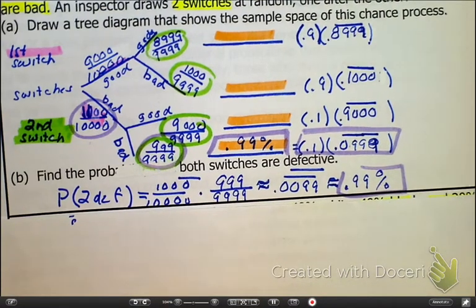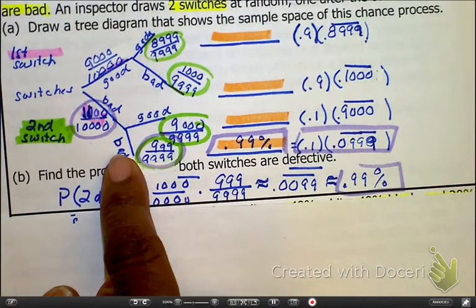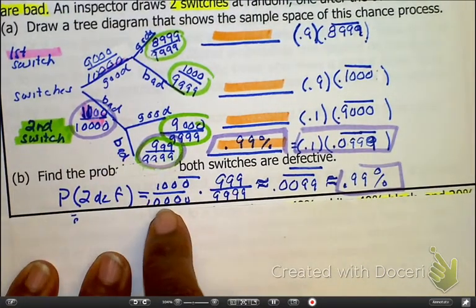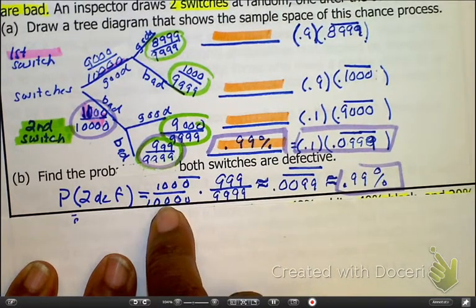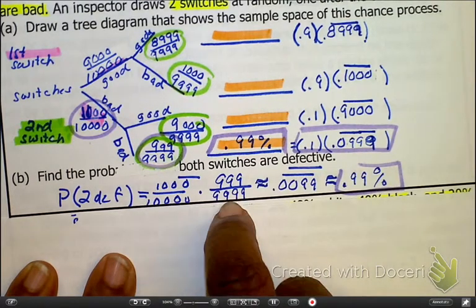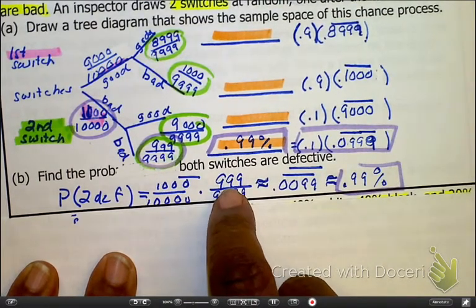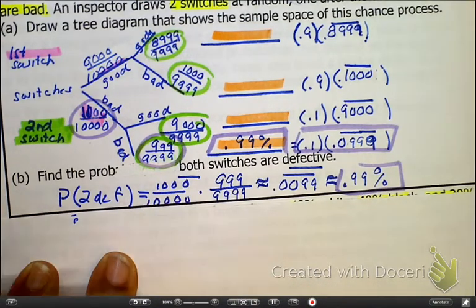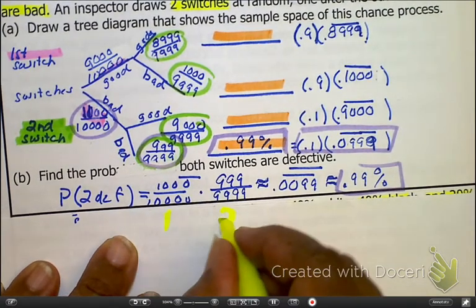Now, this is my logic. Just like as we were making up this tree, if there are 1,000 that are bad out of the 10,000, and then that gives us one less out of the total, looking at the denominator, and one less defective looking at the numerator, I would just figure this out this way, with this being switch 1 and that being switch 2.